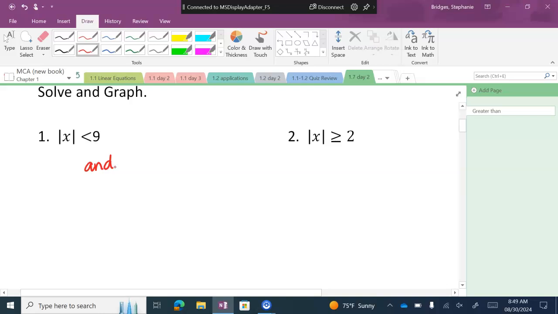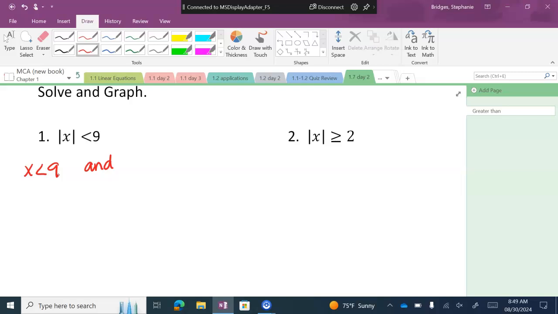And then to set up our two inequalities, the very first one is going to be exactly the same, just drop the absolute value bars. So it's going to be x is less than 9. That represents this section right here. For my second inequality, we are going to have to flip to include these.